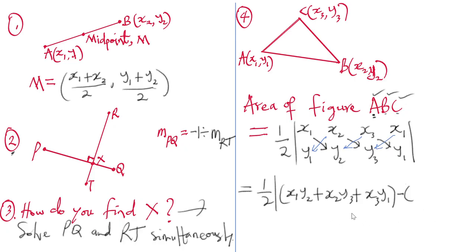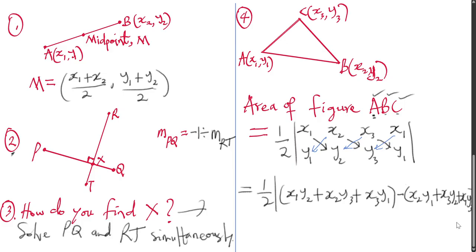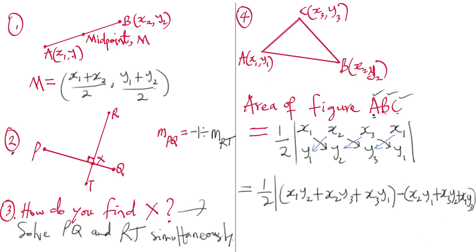Take the sum of these products and subtract it from the first bracket. We have it this way: x2y1 plus x3y2 plus x1y3. So now let's go ahead and solve the problem.